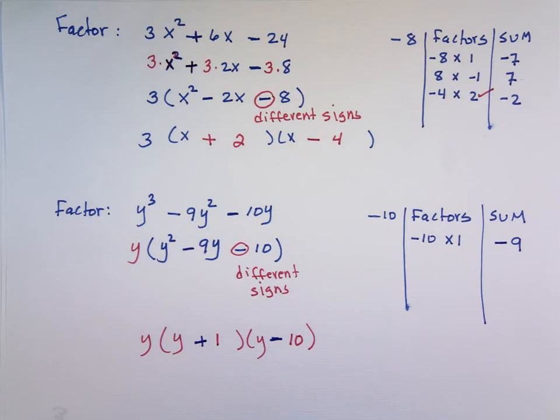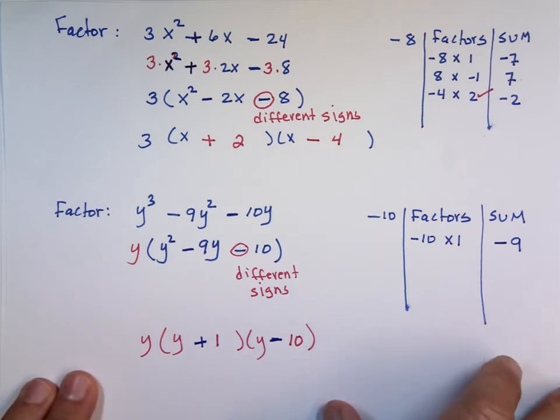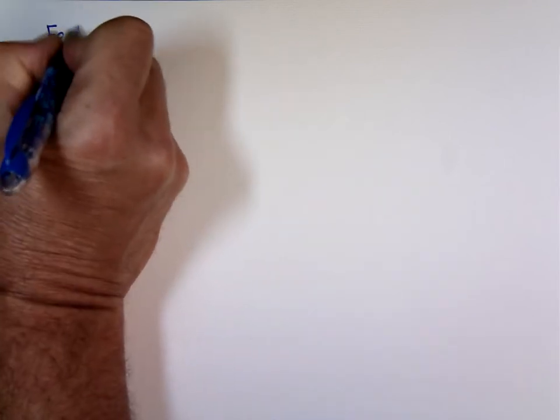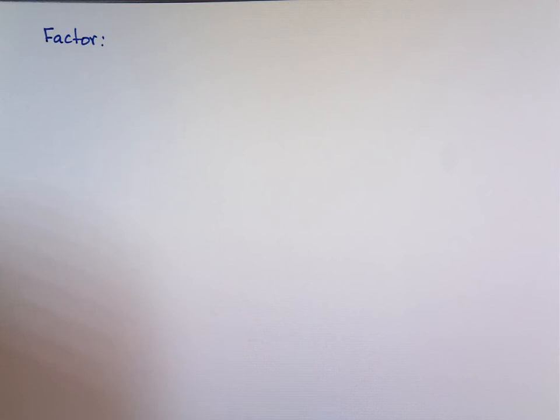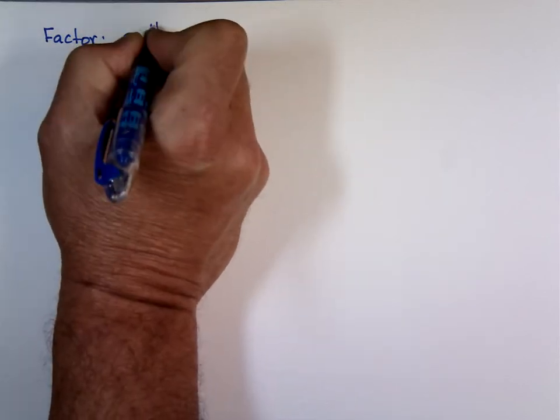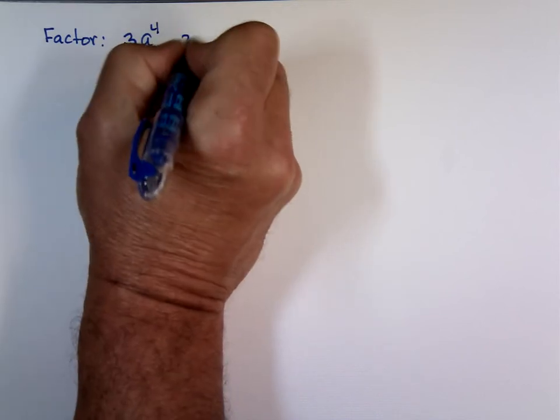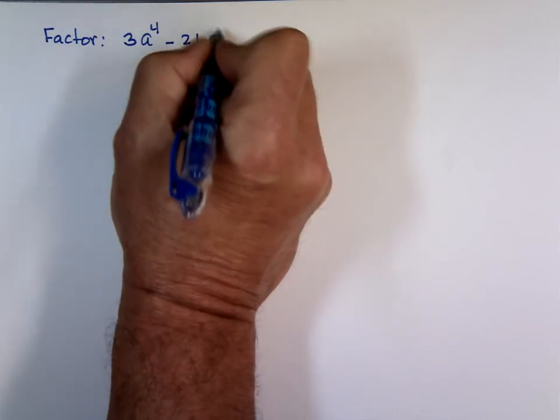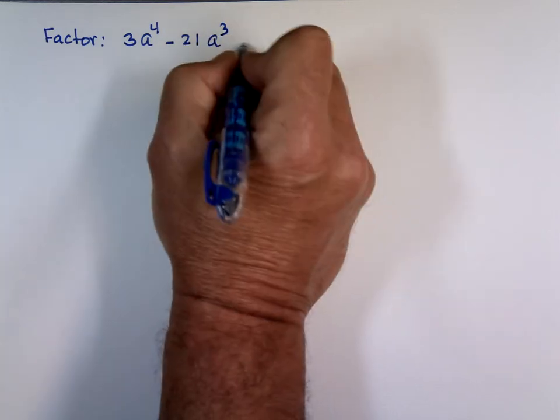Maybe a couple more examples. Factor 3a to the 4th minus 21a to the 3rd minus 24a squared.